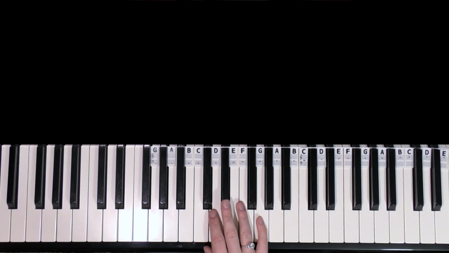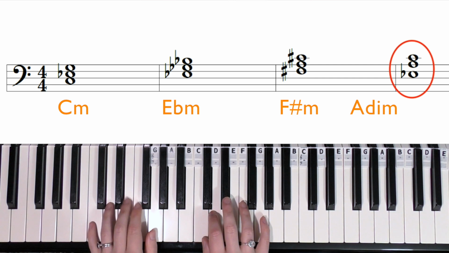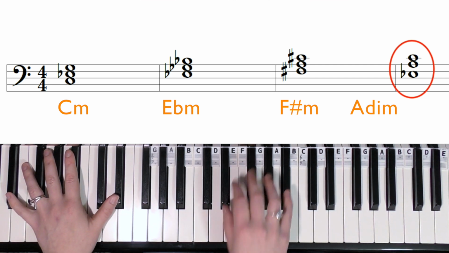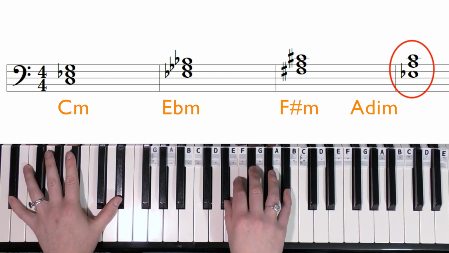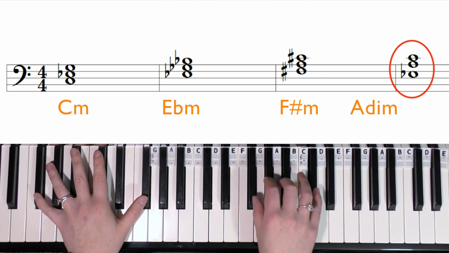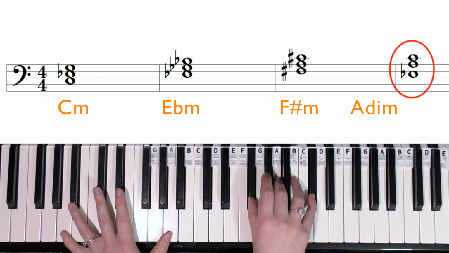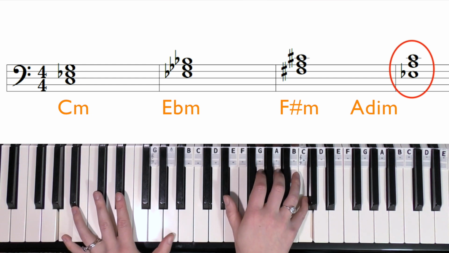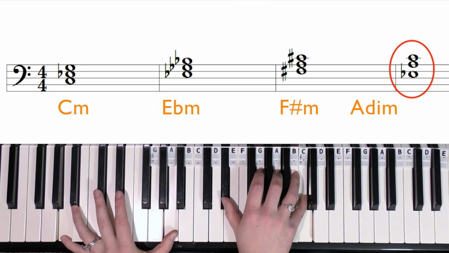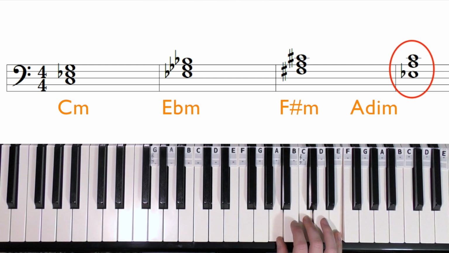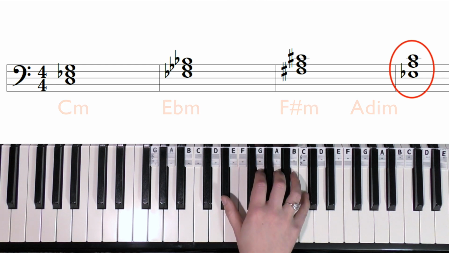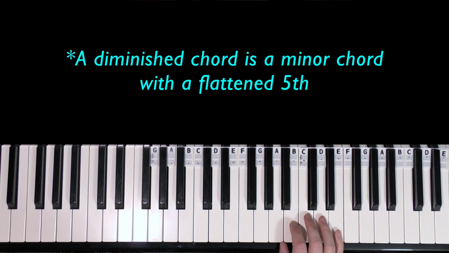So let's go back to the first chord progression, so the C minor. So E, A and C. So an E diminished would be adding the E flat in there.